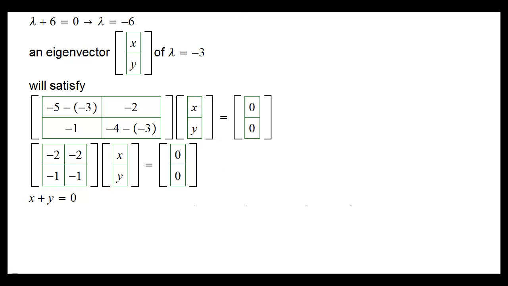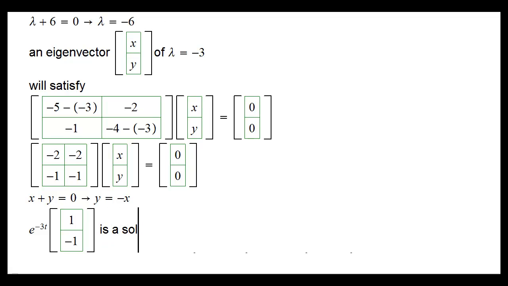So what will happen here? That y is negative x, okay, and a solution corresponding to lambda equals negative 3 is what? e to the negative 3t, and y is negative x, so we can take a vector, say 1, negative 1 corresponding to this. So this is a solution.